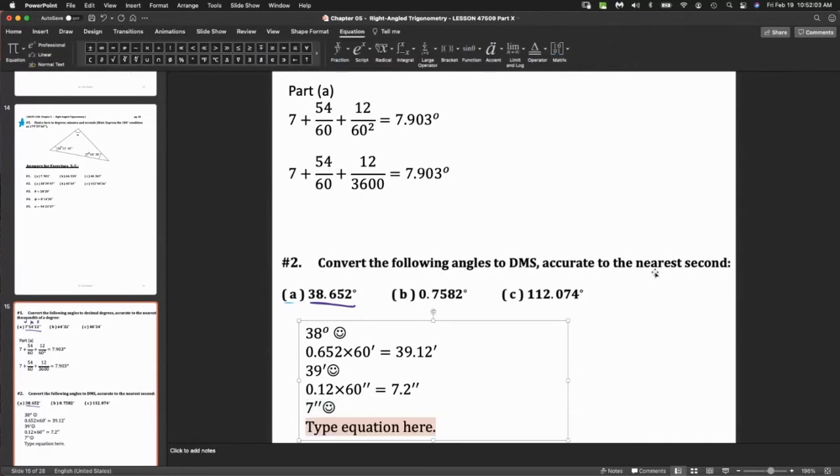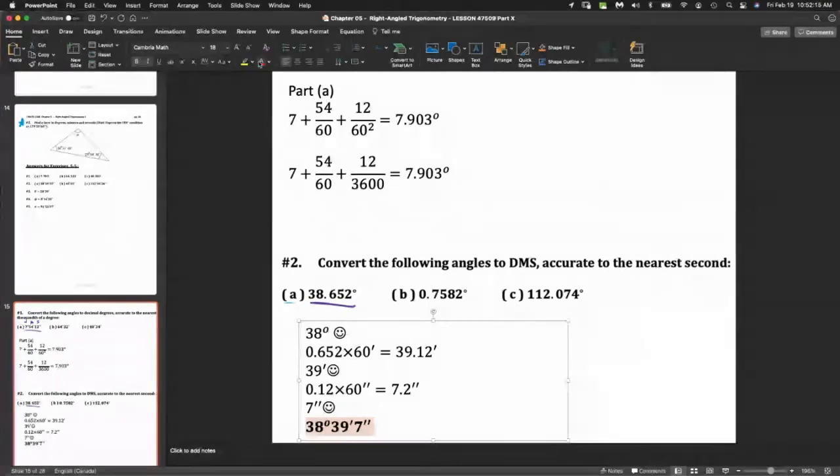And then the final answer is 38 degrees, 39 minutes, and 7 seconds. So that's kind of how you do it. It is reminiscent of how you do this multi-stage approach for finding feet and inches, or feet, inches, and quarter of an inch, things like that.